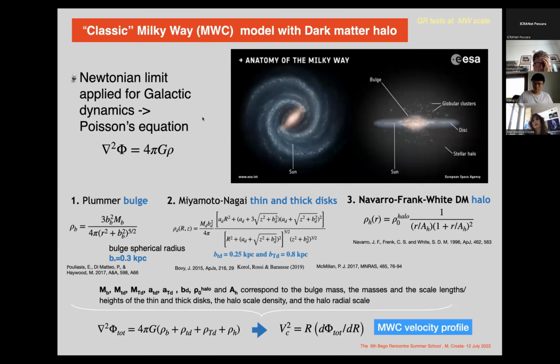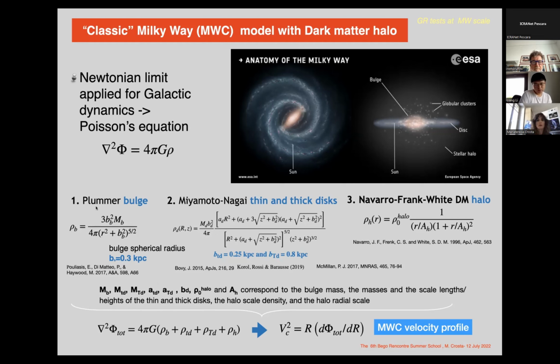The classical lambda CDM model basically comprises a bulge, a thin and thick disk, and a halo. Here we report the densities associated with these components as present in the literature, and these components depend on several parameters: the mass, the scale length, the scale height of the disk components, the halo scale density, and so on.